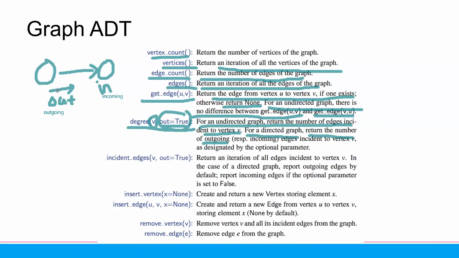If we change out equals to false, then it means I want to calculate the degree of V of incoming. So if out equals true, then it is outgoing. If out equals false, then it is incoming.